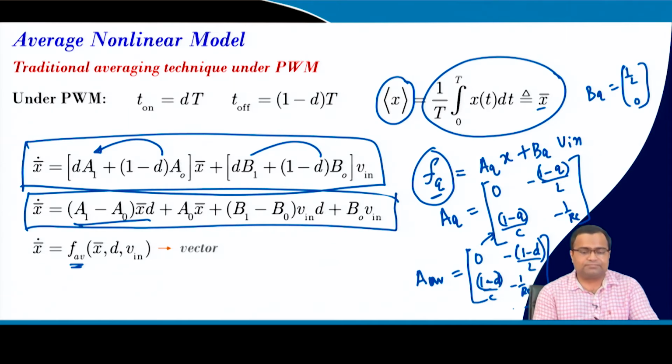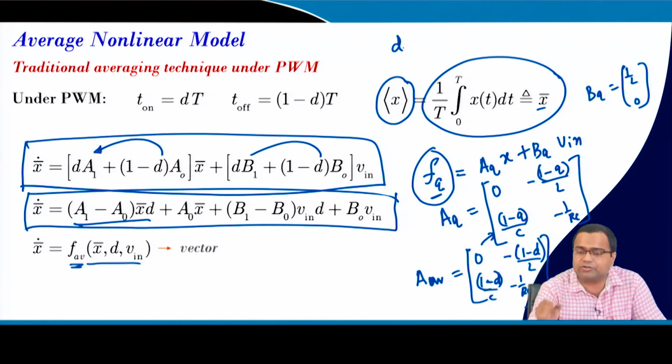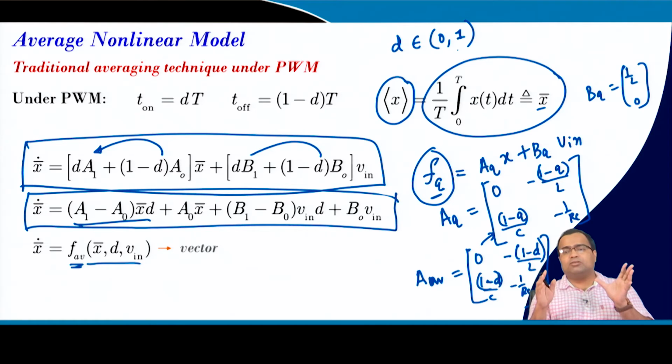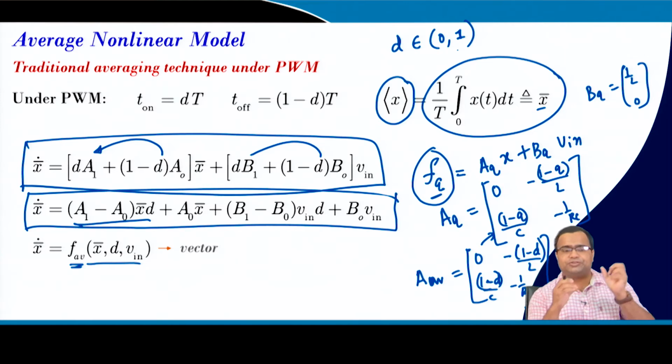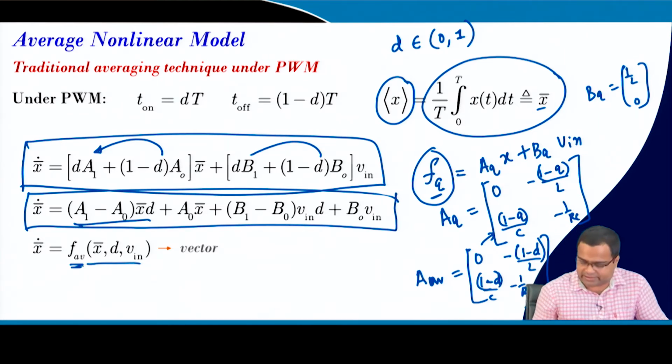So, this is our vector field where q is replaced by d, where d is basically a continuous variable which can take values typically in the open interval between 0 and 1, because if you set it to 0 or 1, then again we are talking about saturation, duty saturation. So, in general, if you do not consider duty saturation, it is the open interval between 0 and 1. So, this is a vector.